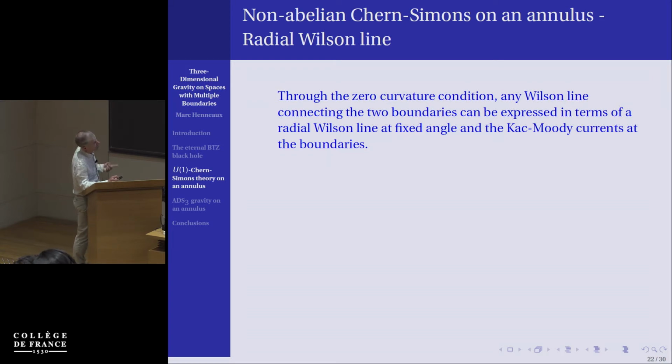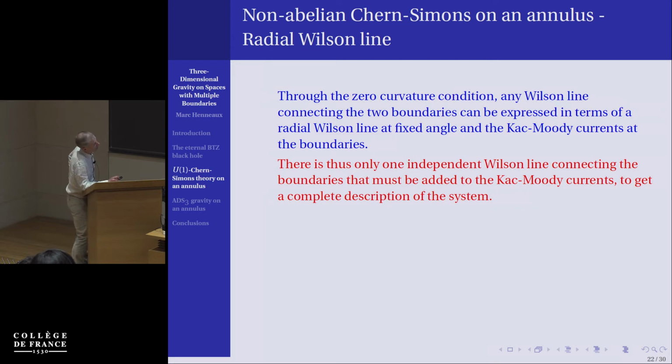So there is only one Wilson line, which is group valued. To get a complete description of the system, you need not only the Kac-Moody current subject to this holonomy matching condition, but also this radial Wilson line.